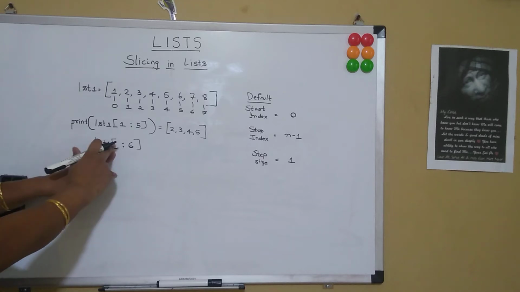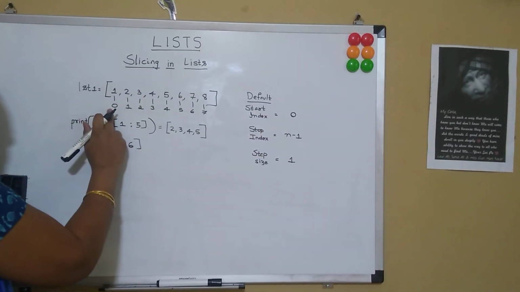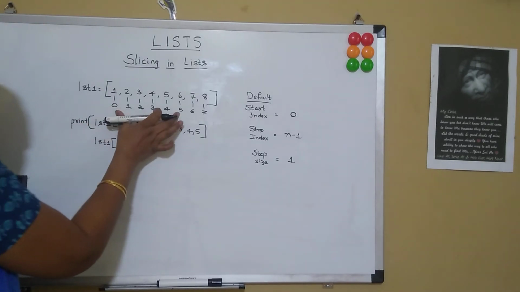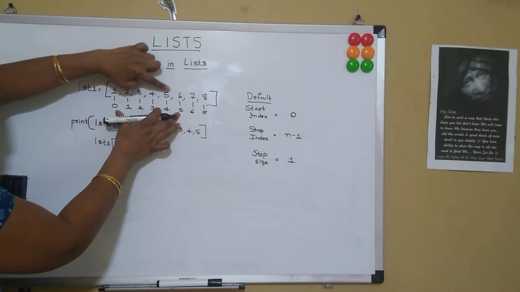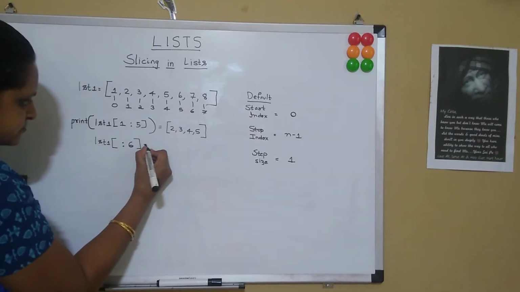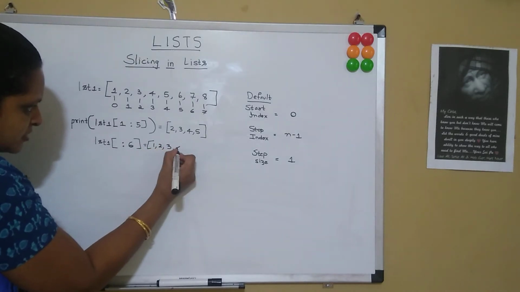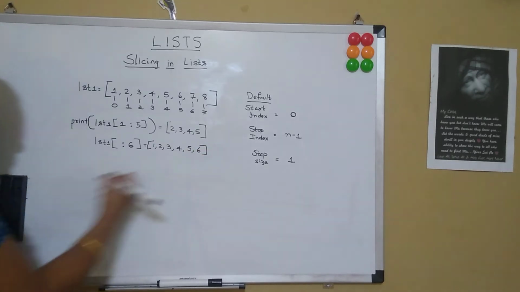Since I have not given any start index, it will start from the beginning of the list, that is from the 0th index, and it will go till 6 minus 1, that is 5th index. So it will write 1, 2, 3, 4, 5 and then 6.